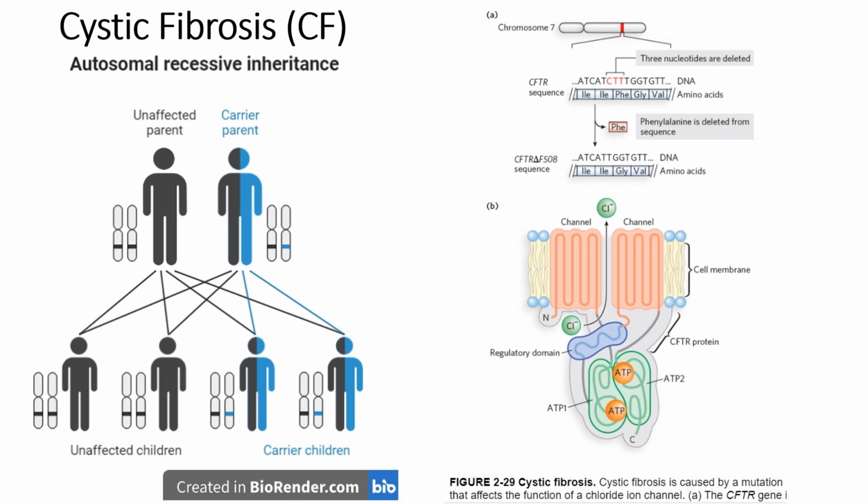Without any medication or intervention, the lifespan is reduced to about 30 years. So it's a pretty terrible disease, but being able to identify the mutations can at least let people know in advance if they are at risk of passing this recessive disease to their child.